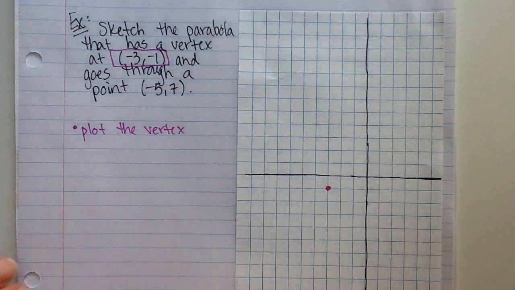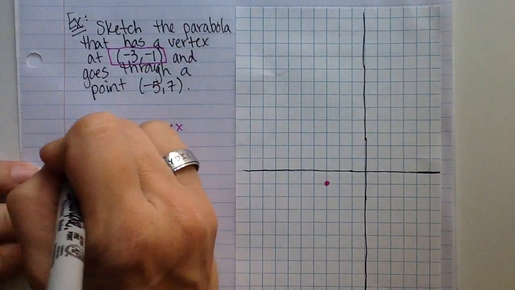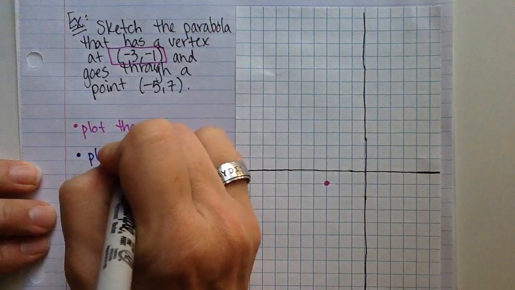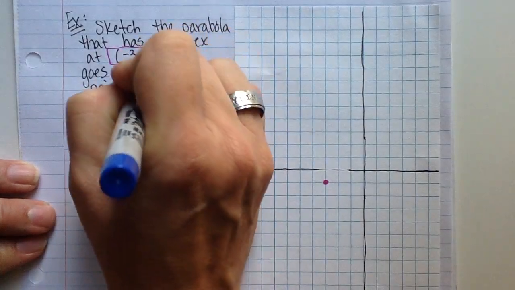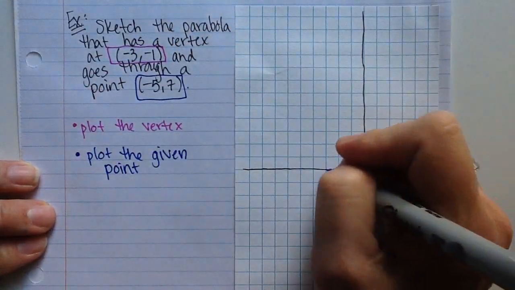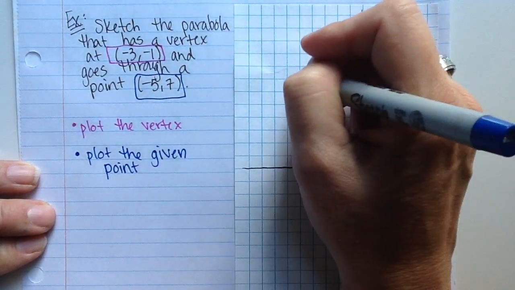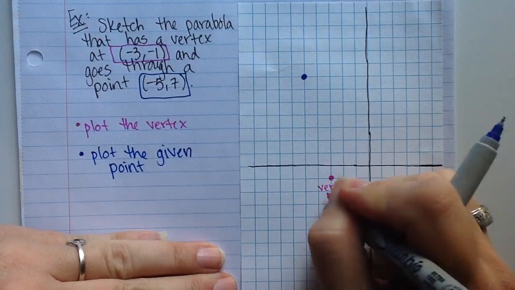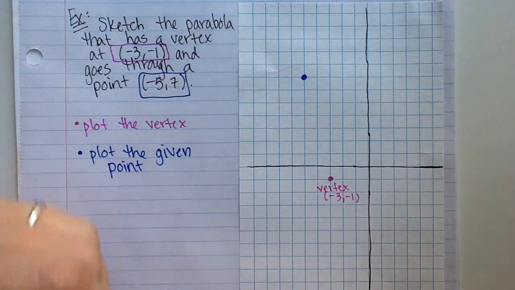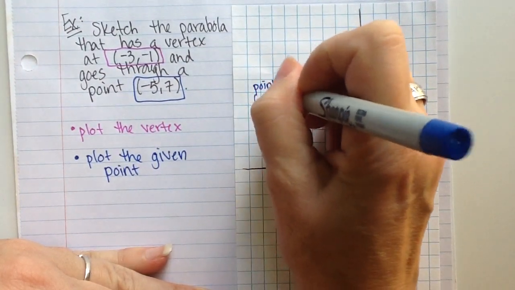Then I am going to plot that other point. Plot the given point, which was -5, 7. 1, 2, 3, 4, 5. 1, 2, 3, 4, 5, 6, 7. So there's my vertex, which was at -3, -1. And here's the point I was given at -5, 7.